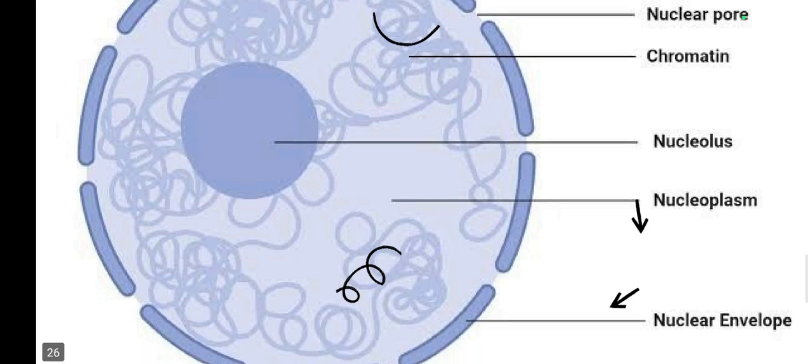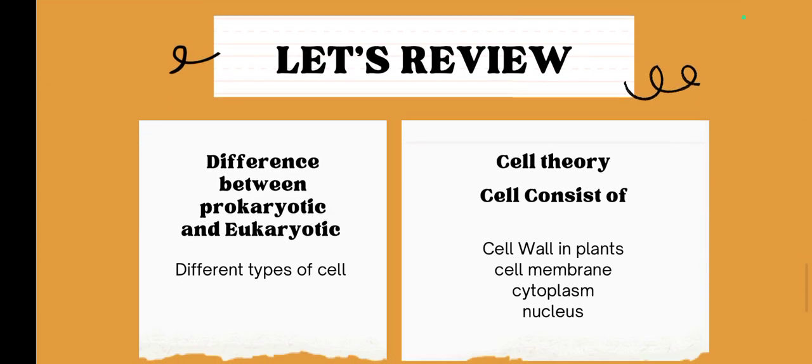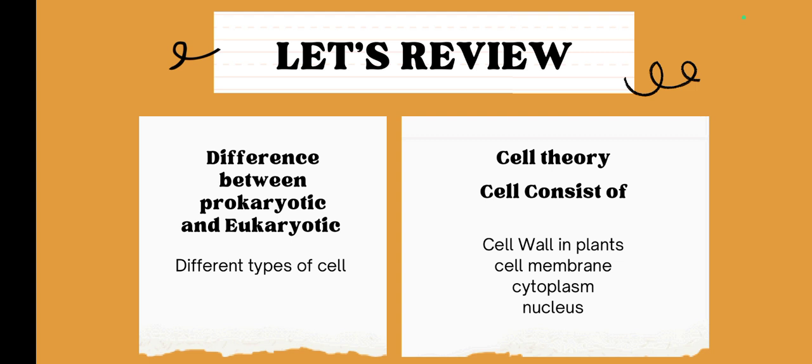So with this, let us review what we have studied today. We have studied the cell theory, the invention behind the cell theory, the difference between prokaryotic and eukaryotic cells, and the cell membrane, and what a cell consists of: cell wall, cell membrane, cytoplasm and the nucleus.